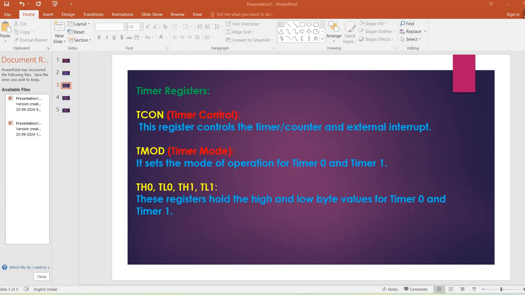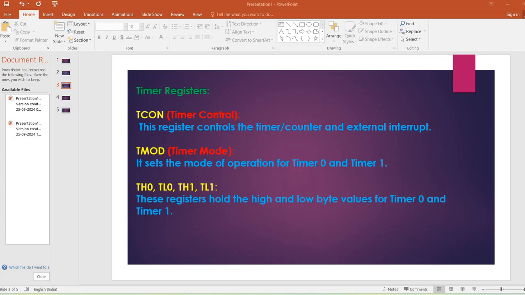Next, for timer programming, the timer registers required are the TCON register and the TMOD register. TMOD is for timer mode selection and TCON is for timer control. When the timer has an external supply, it counts as a counter, and when the timer has internal pulses, it counts as a timer.